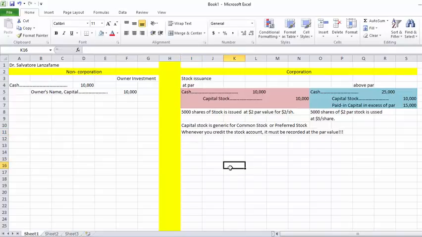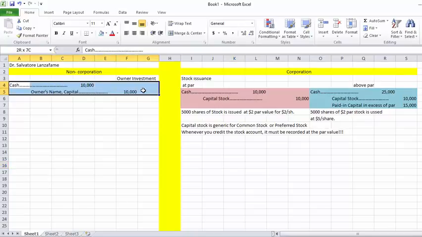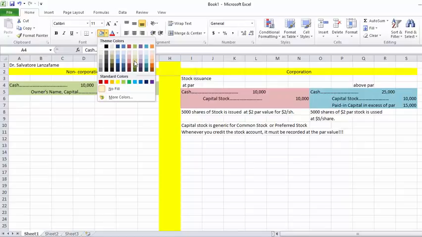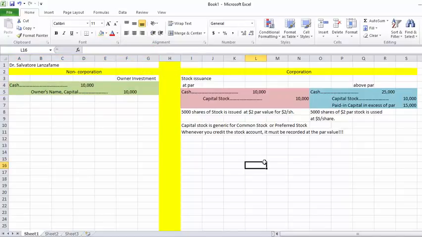Compare that to what we did when you first learned accounting, probably chapters 1, 2, 3, and 4, where you weren't exposed to corporations. The journal entry was debit cash and credit your capital. But now we have a corporation setting, and the change is basically two different options.